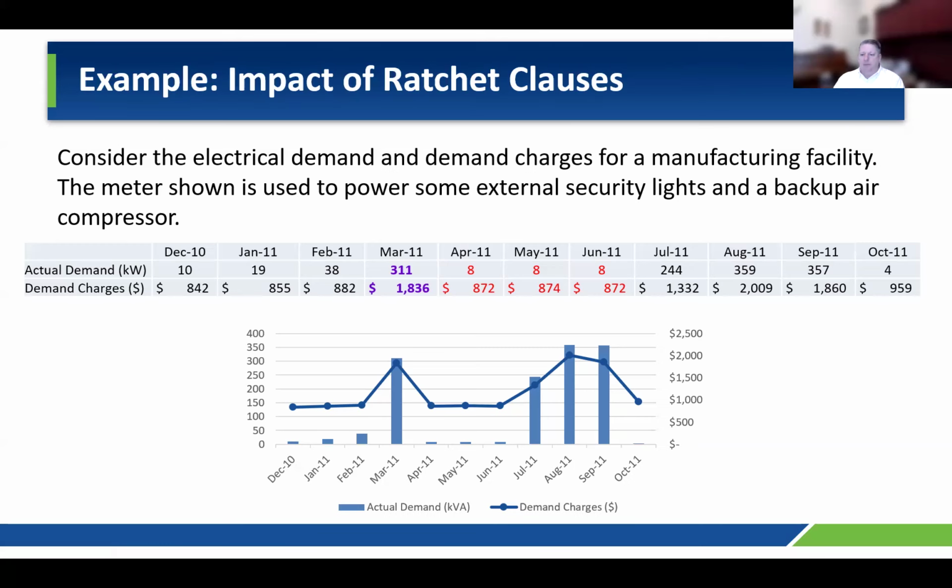And so this is something you should watch for in your bills, because in other words, a peak demand spike can not only hurt you 1 month, it can hurt you for the next 12 months. And in a situation like this, it was much more cost effective to integrate 2 electrical meters where this spike in demand would have been unnoticeable among all the other equipment and would not have triggered the ratchet clause.